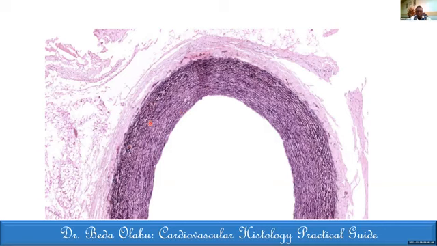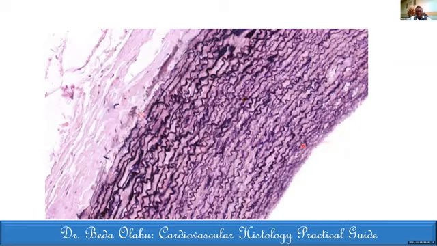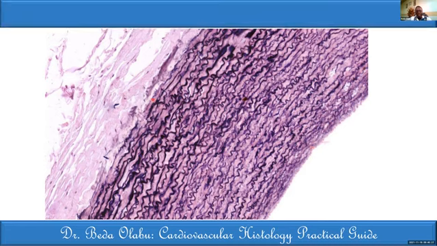Those black wavy things are the elastic fibers. They're in lamellar layers. So as long as we can see a lot of elastic fiber lamellae within the tunica media, and the internal elastic lamina is not prominent, that is still an elastic artery.